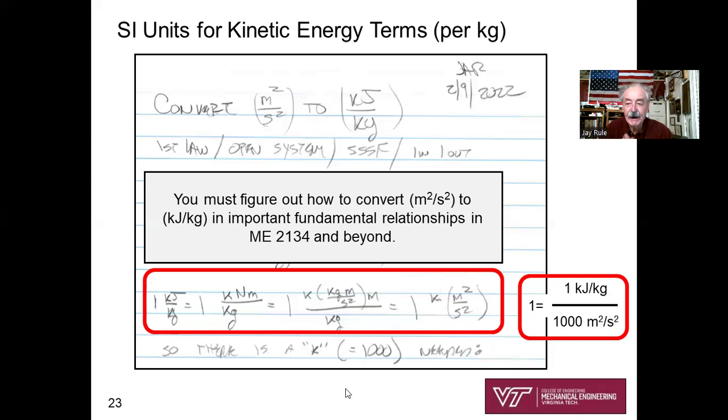Now, I did a terrible job in class explaining this to my students face to face, but I'm hoping I'm doing it a little better on this video. So this is something you've got to get in your head. You're going to be doing it a lot through the rest of this course. The conversion of meter squared per second squared into kilojoules per kilogram is this expression for unity.